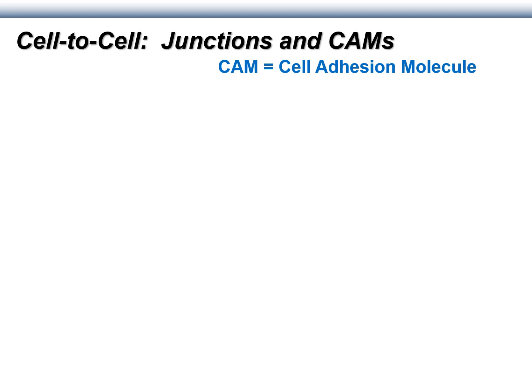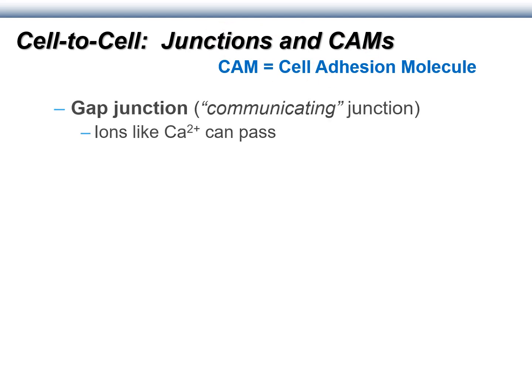That's one of the things that makes cancer so interesting, is that cancer cells lose that default pathway to death. There are a number of genes involved, but some of those genes involve these cell adhesion molecules.